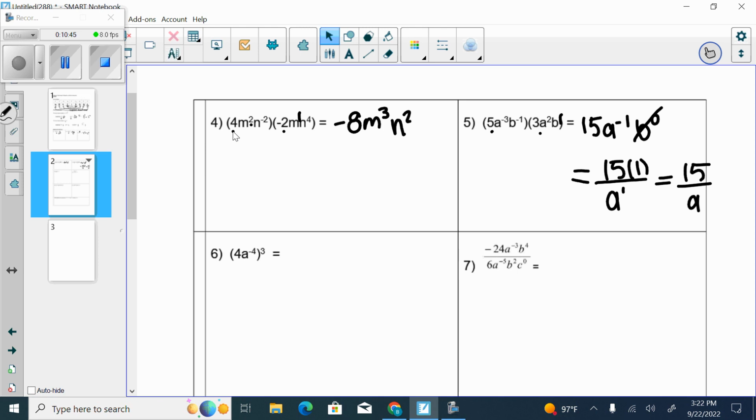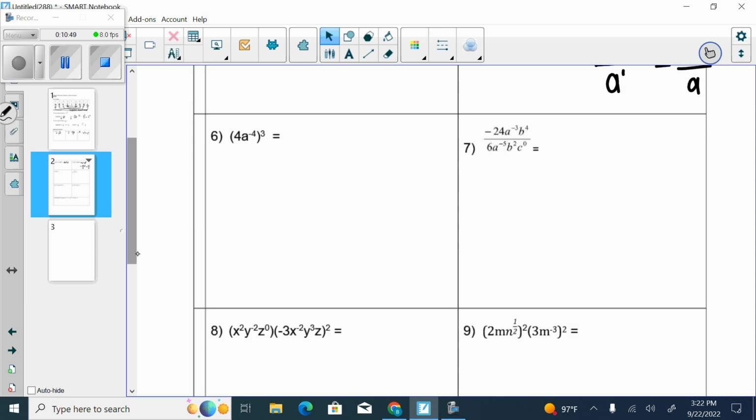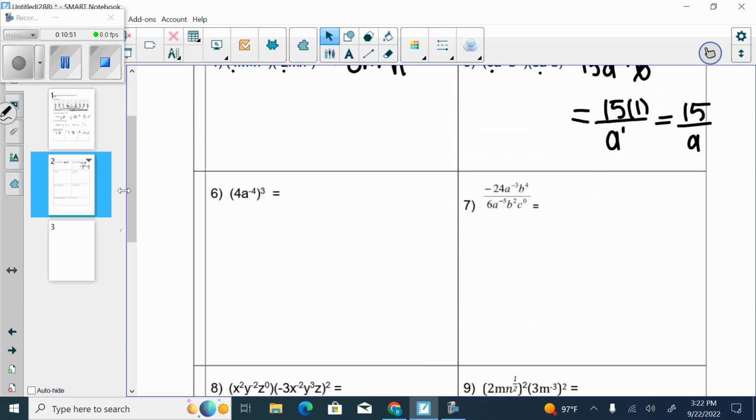Let's look at number 6 here. We've got a power to a power, right? So I actually raised 4 to the 3rd power, which means 4 times 4 times 4. And what is 4 times 4 times 4? 64. Good. And what do I do with my exponents on power to a power?